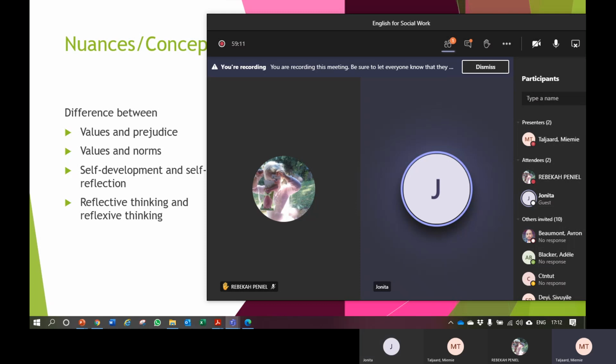Can you see that in prejudice you get the word judge? I prejudge somebody on one piece of information. Whereas, as Rebecca said earlier, a value is something that I decide is important, and that is a rule that I want to keep to.